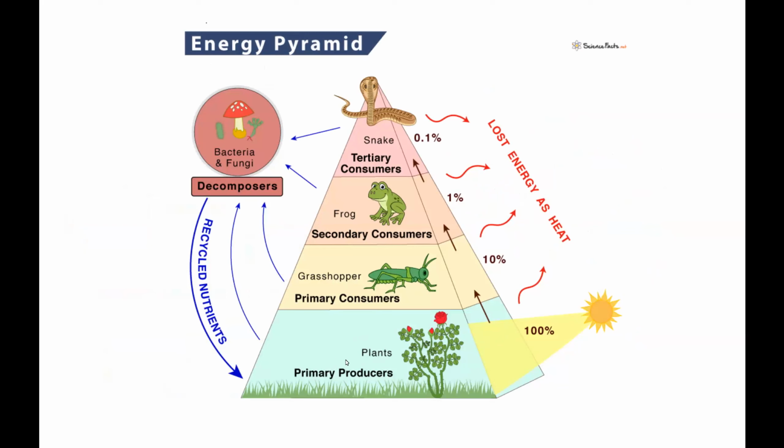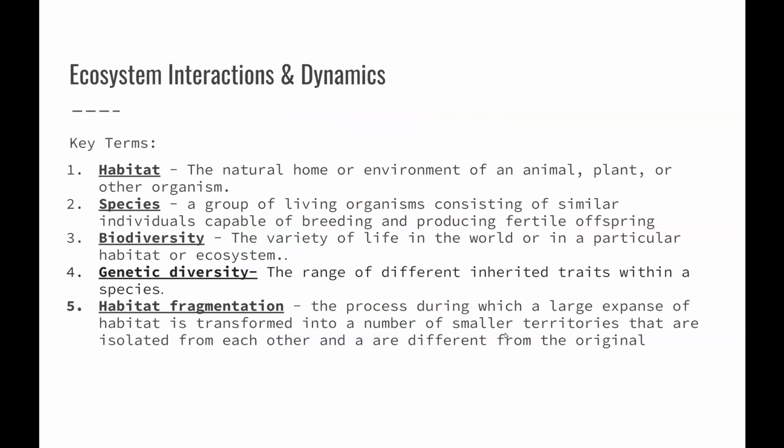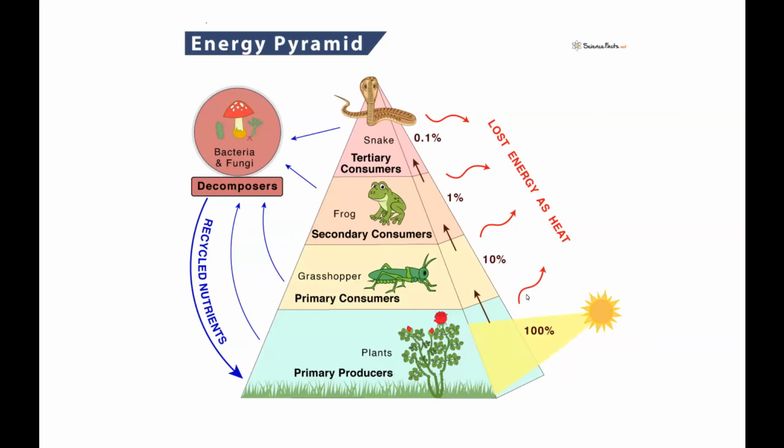So the primary producers have 100% of the energy. But when the primary consumers, like grasshoppers, eat the plants, only 10% of that energy is passed on. The other 90% is either used by the plants or lost as heat into the atmosphere.